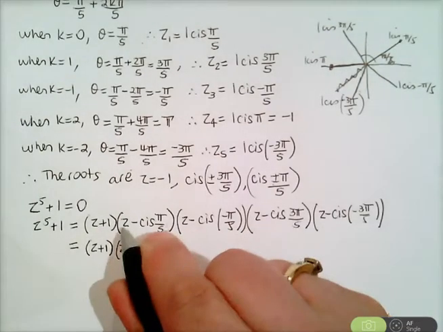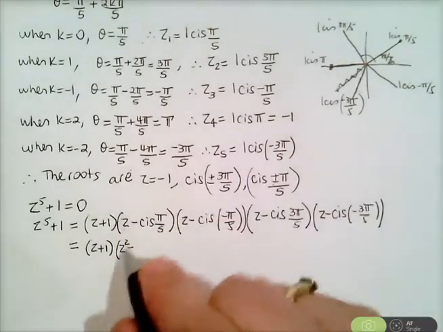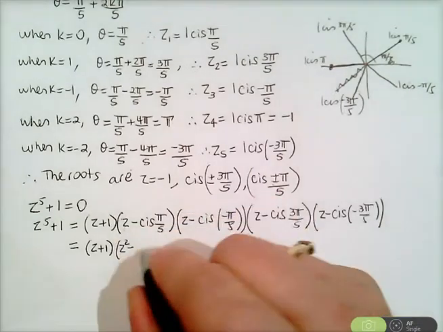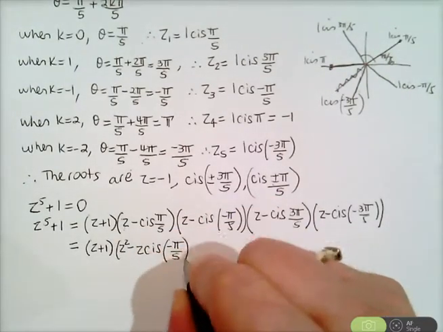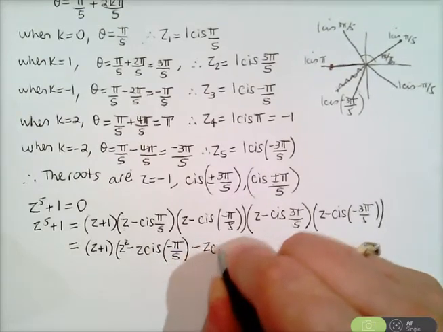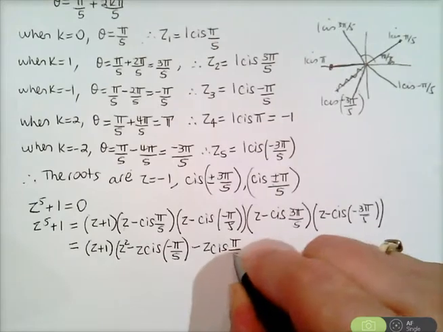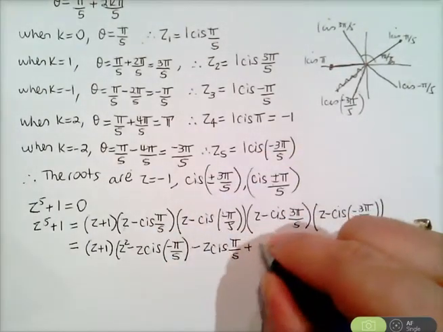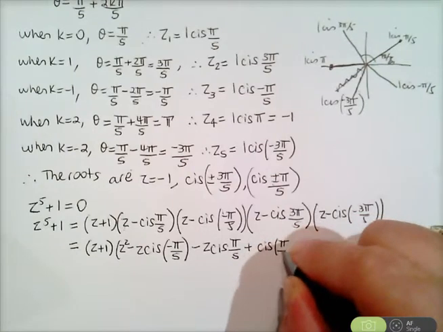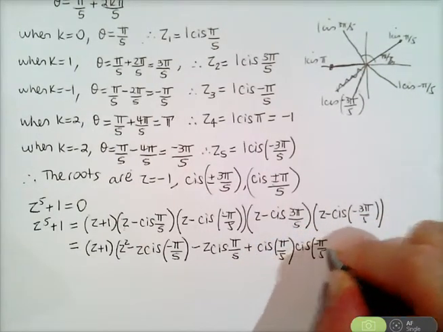Multiplying these two brackets, I've got z times z is z squared. Then I've got minus z cis minus pi on 5. Then minus z cis pi on 5. Then multiplying these two, I've got plus cis pi on 5 times cis minus pi on 5.